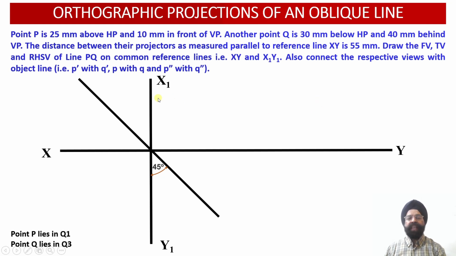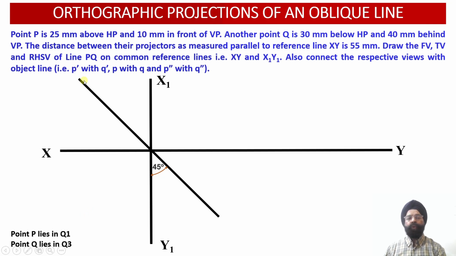So now you can see that since the 2 points are lying in different quadrants, that is quadrant 1 and quadrant 3, we are not drawing the transfer line as usual. Usually we draw the transfer line like this in order to convert the distance of the vertical plane from the top view into the profile view projections.